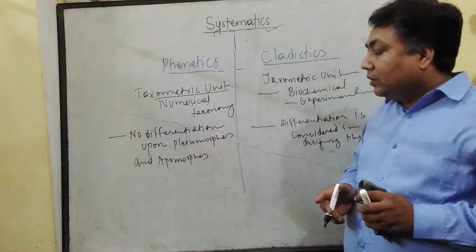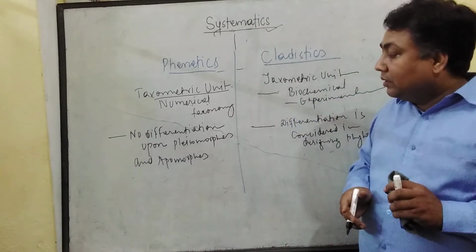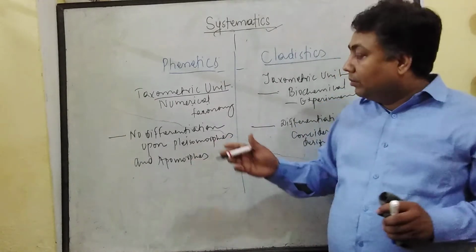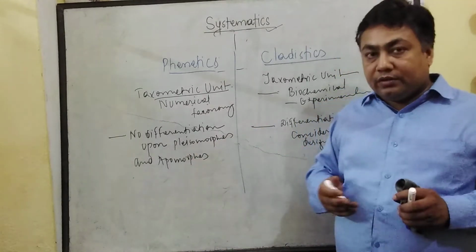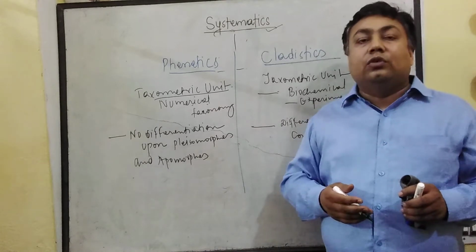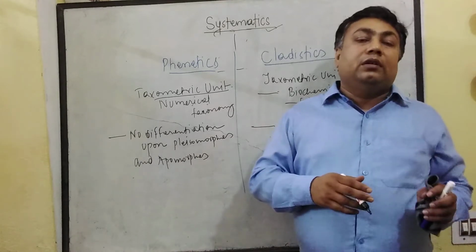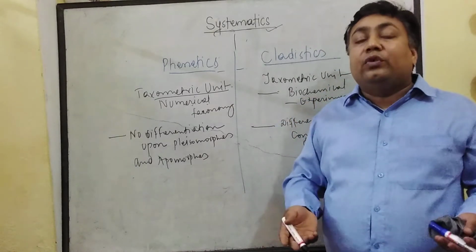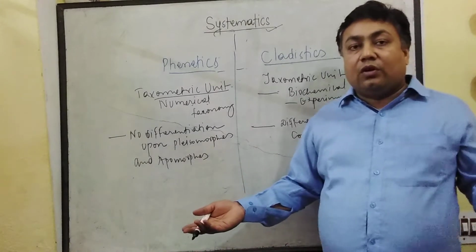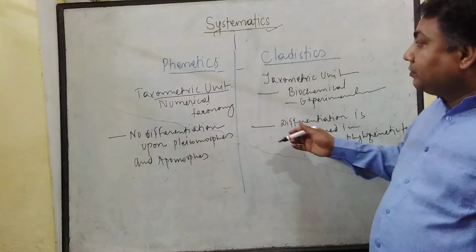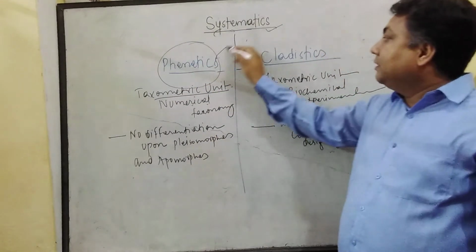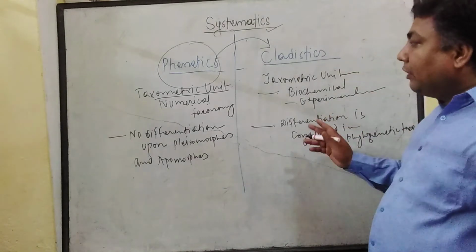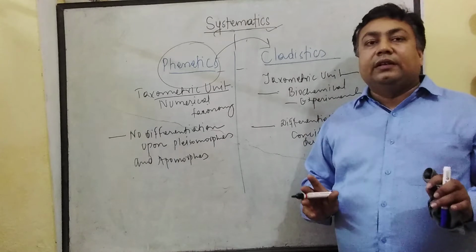So we cannot arrive at the right conclusion by using only biological traits always. Similar ancestral species can be grouped into different divisions or taxa. That's why this practice is superseded by the cladistic taxometric unit. Now I think you are much clear.